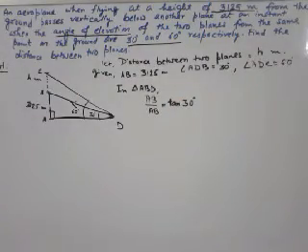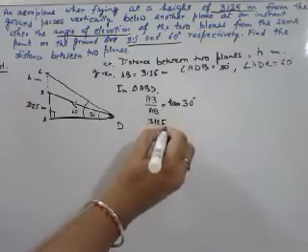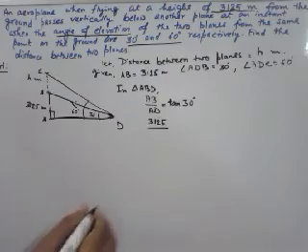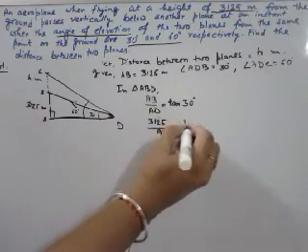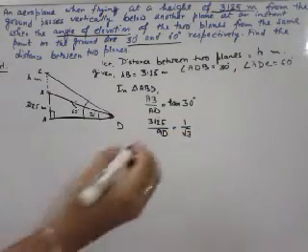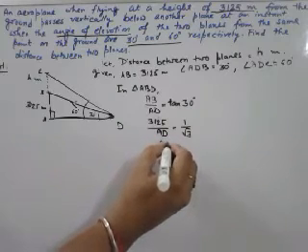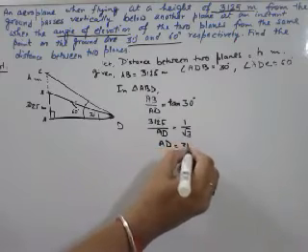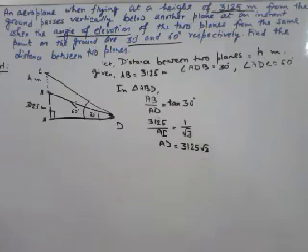Now value of AB we know, 3125 meter, value of tan 30 is 1 by root 3, so value of AD is 3125 root 3.